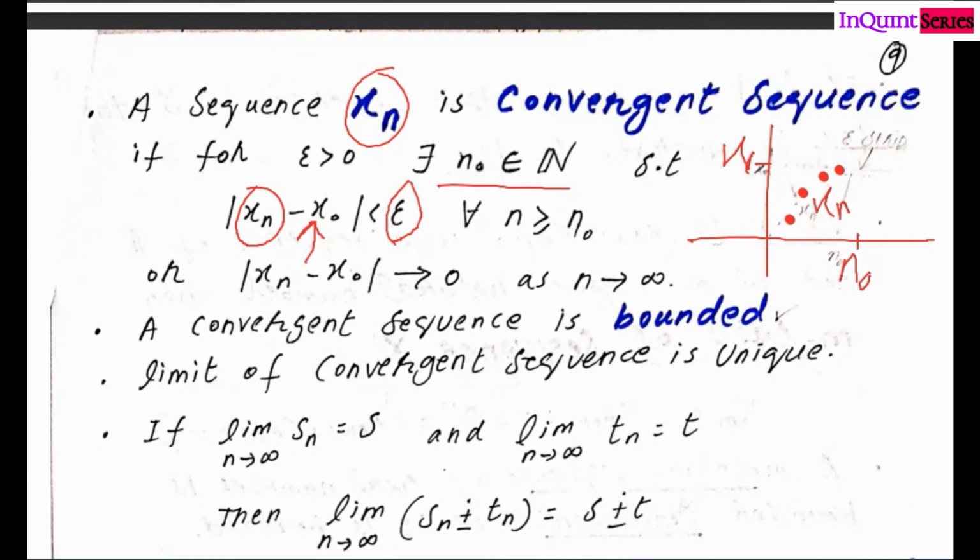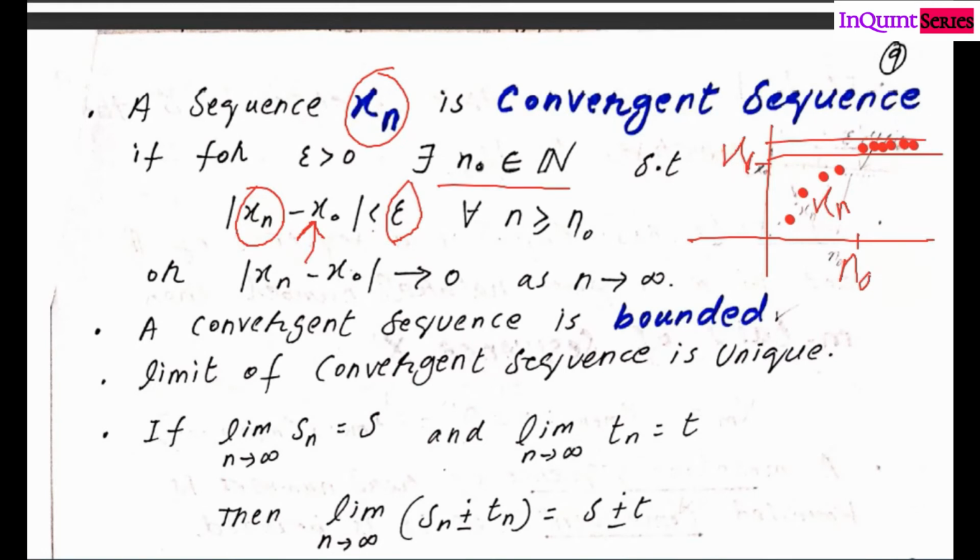Here I am making the epsilon strip. So we fix n naught, and the terms of the sequence that appear after n naught go into that strip. So basically that's the idea of a convergent sequence. It means after fixing a number, the terms of the sequence are very close to some fixed term x naught.